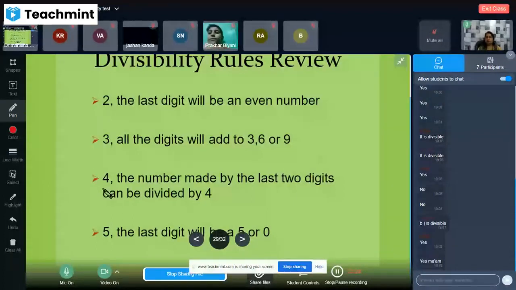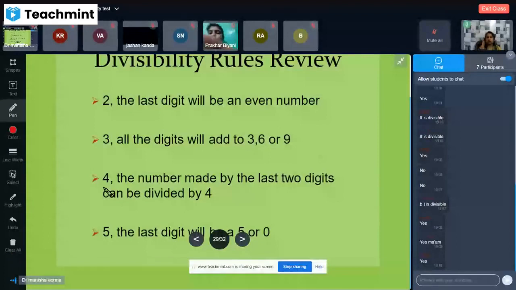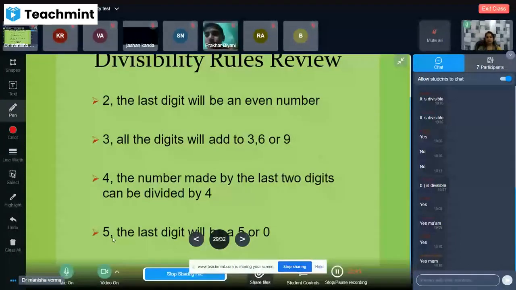Okay, for 4, we need to check last 2 digits, right? And they should be divisible by 4. For divisibility by 5, the last digit, the ones place digit, should either be 0 or 5, right?